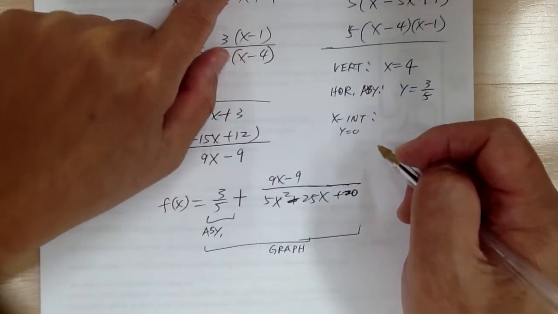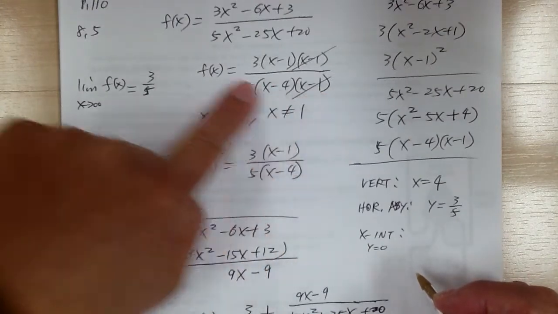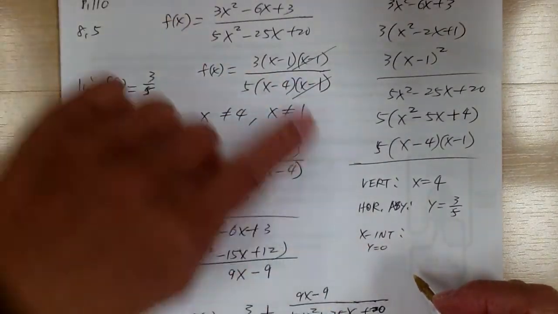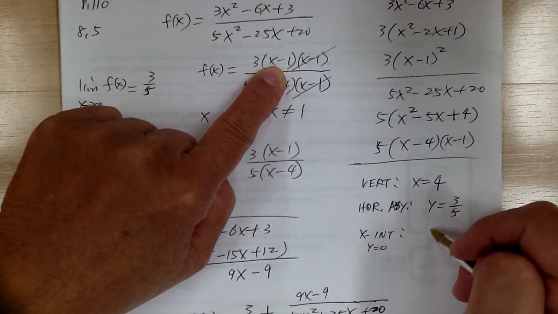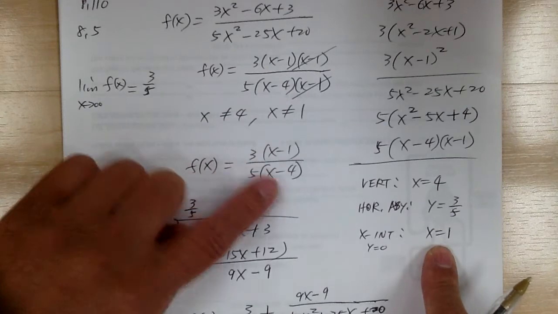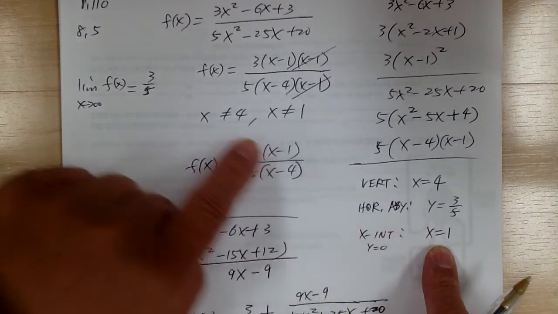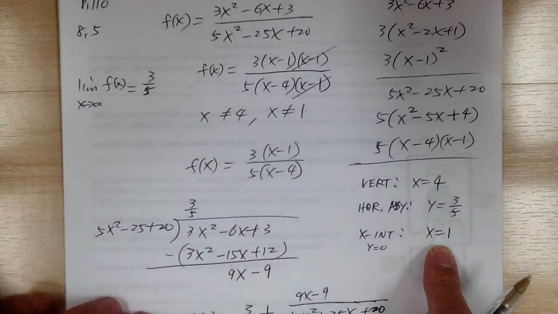Remember you set y equal to 0, you cross multiply, you're still going to get 0. So basically you're setting the top equal to 0. From here you're going to see x equal to 1. So that's going to be your intercept, but it's also going to be the open circle because they're not equal, right? So just be aware of that.